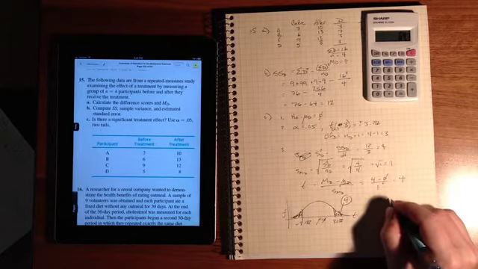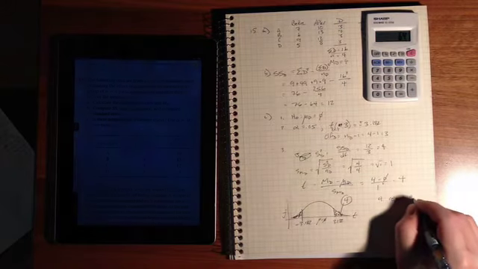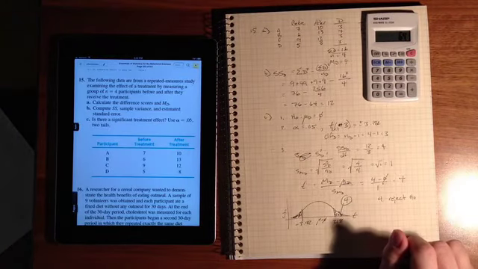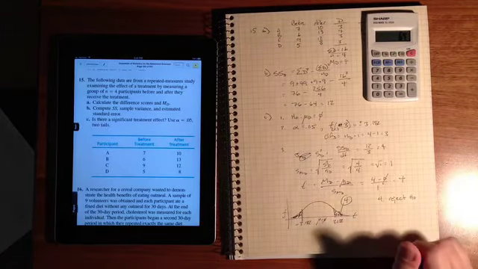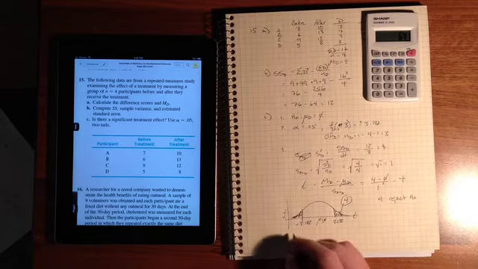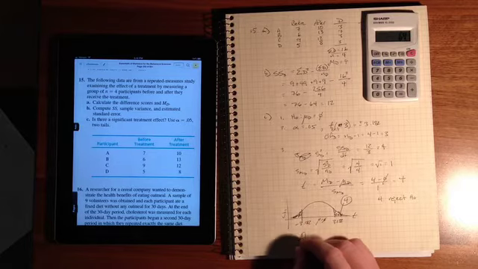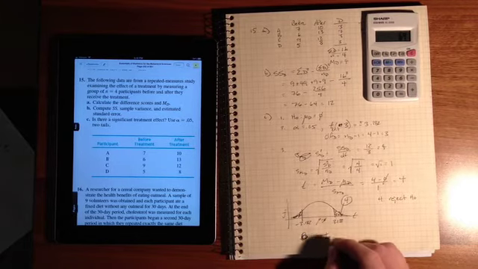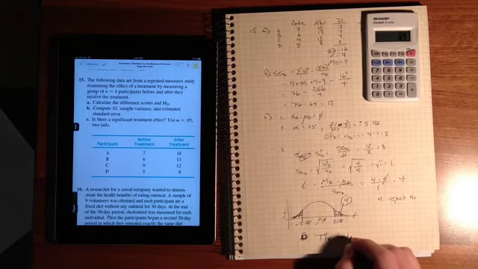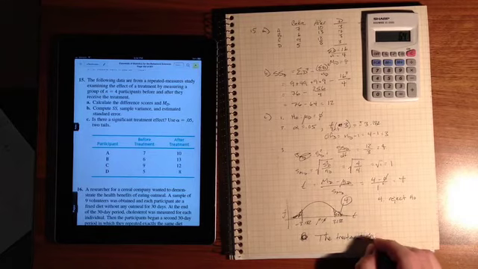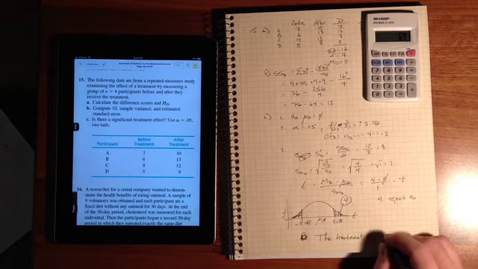So last part, our decision is to reject the null. Definitely reject that null hypothesis. And we can even write a little sentence about this. So the treatment significantly increases scores.